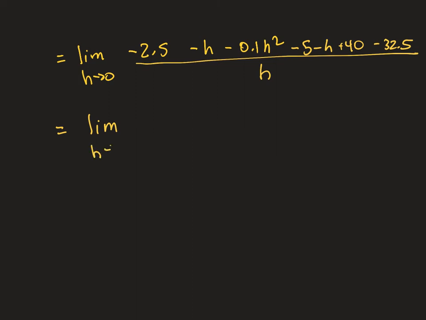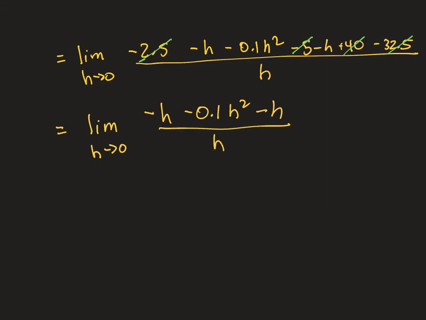I did distribute that negative 0.1 in that first expression, so we end up with this calculation, and now a bunch of great things are going to happen. I have the limit as h goes to 0 of, so check this out. Believe it or not, negative 2.5, negative 5, and negative 32.5 add up to negative 40, and that means it cancels out with that 40. So the next part looks a lot cleaner. In the numerator, I'm going to have negative h minus 0.1 h squared, and then another minus h, and on the bottom I'll have h.